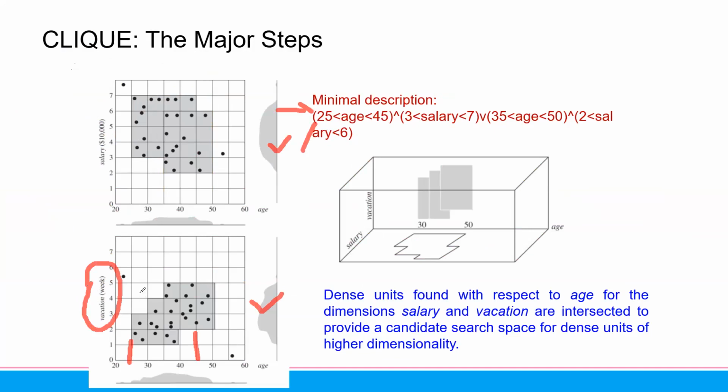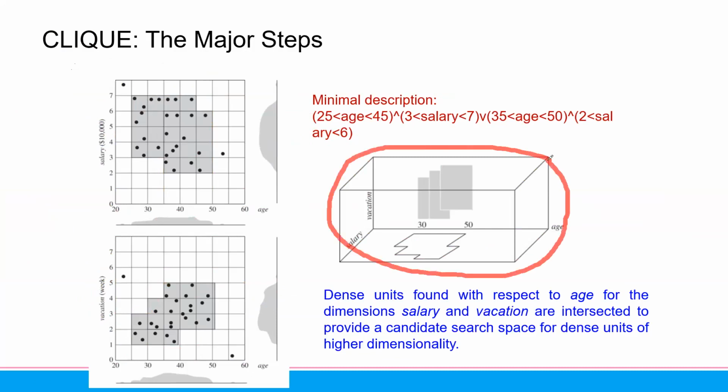And if we look at this one, we have another kind of minimum description. So you can set another minimum description to make the clusters. And then you can check whether this dimension has been dense or not. So after you have those, you can plot, let's say in this kind of dimension, you want to see from the perspective of age, and then you want to see the salary and the vacation.